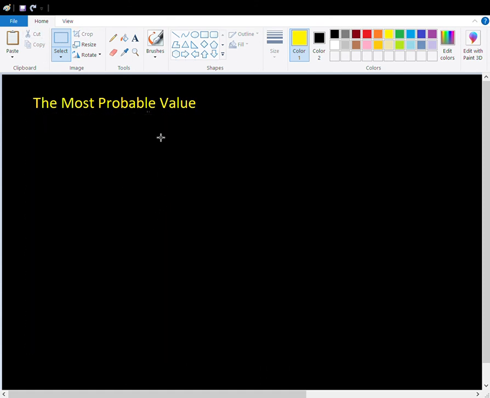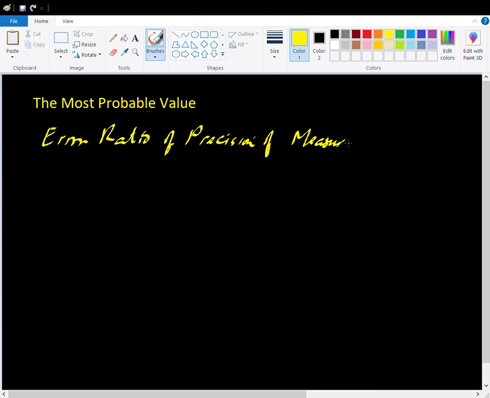Then finally, we have the error ratio, or sometimes we refer to it as the precision of measurement. How precise is our measurement?